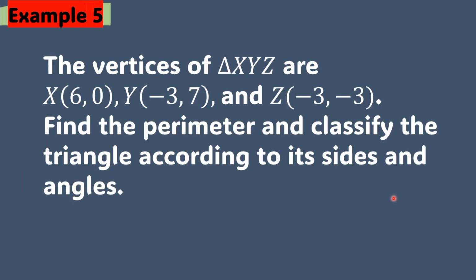Number 5, the vertices of triangle XYZ are X 6, 0, Y negative 3, 7, and Z negative 3, negative 3. Find the perimeter and classify the triangle according to its sides and angles.